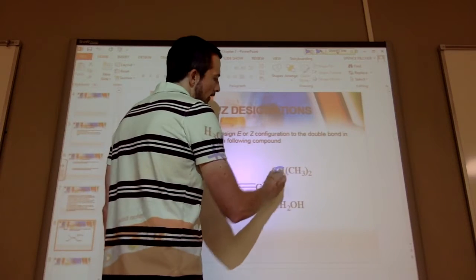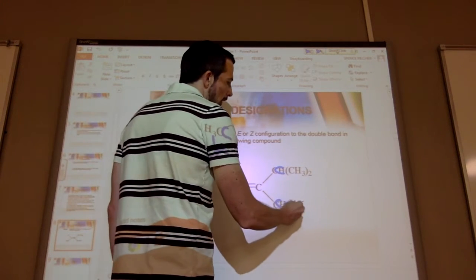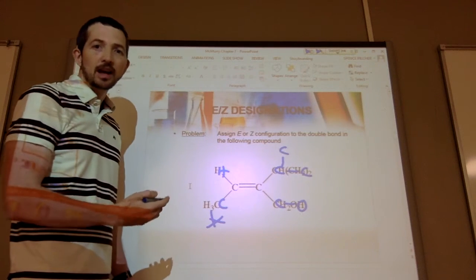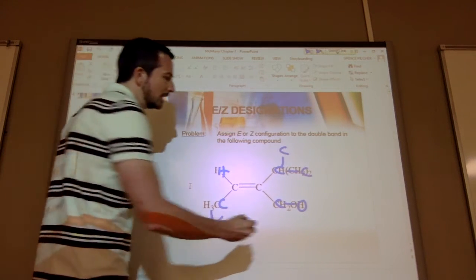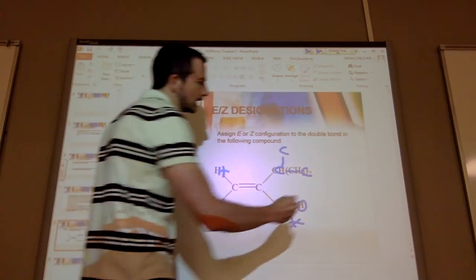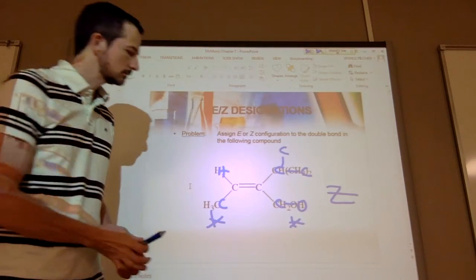On the other side, carbon, carbon, same. Go to the next atom: oxygen in this case, versus two carbons. Oxygen has the higher atomic number though, so it's the highest priority. The highest priority groups are on the same side. That's a Z configuration.